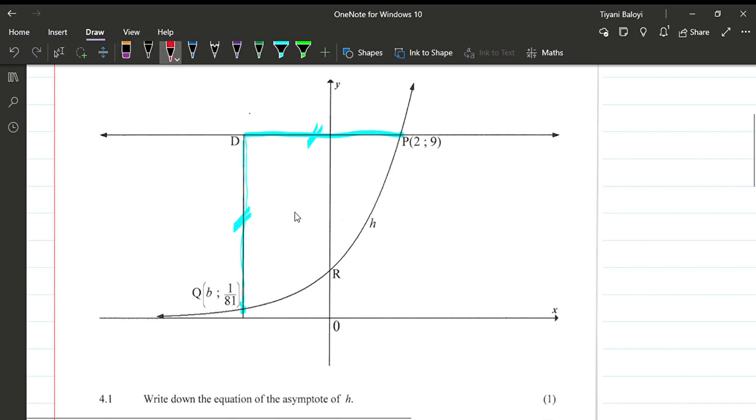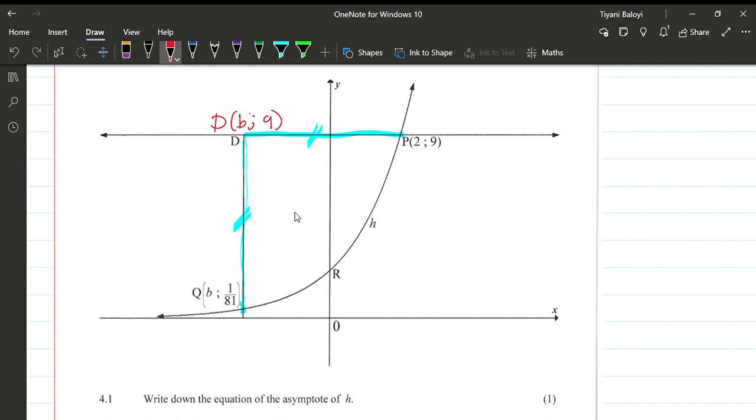So we can first try determining the coordinates for D. We can tell that this is on the same x coordinate as Q, so we can write b, and then this one is on the same y coordinate because they're parallel, so we write 9, right?